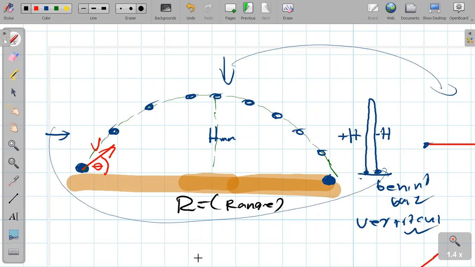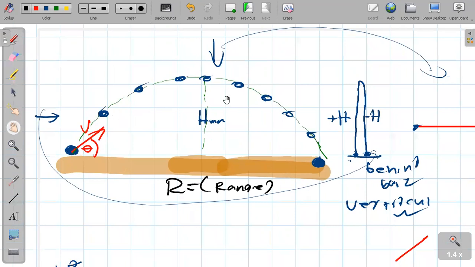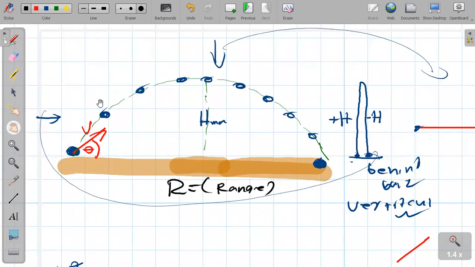Hurry. I think I gave you enough time. I'll maximally give you only 20 seconds to draw this specific diagram.